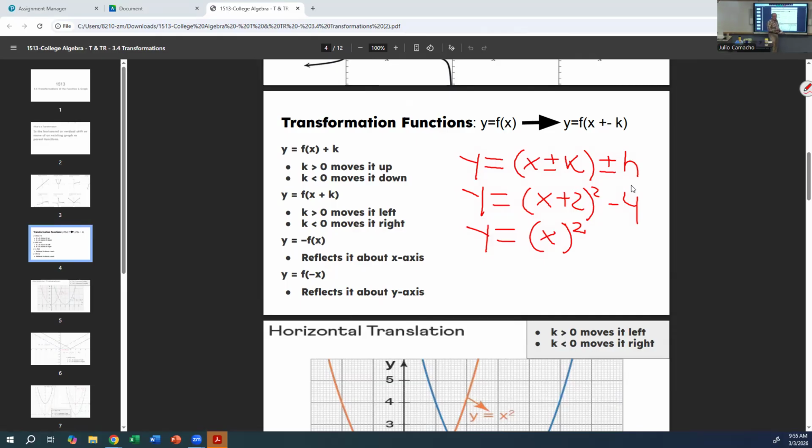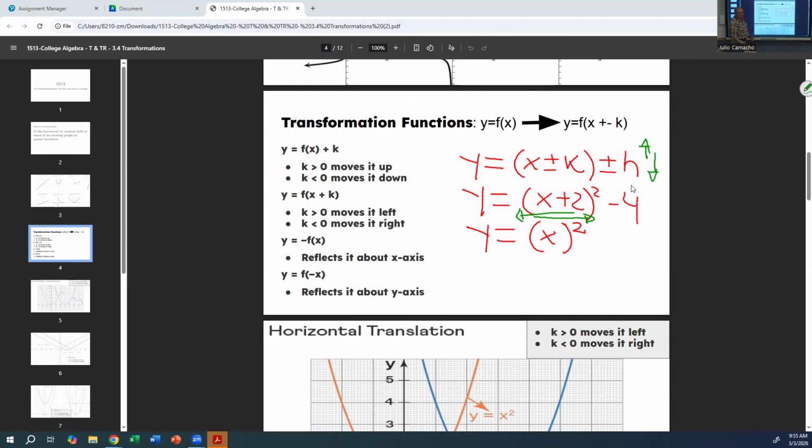Why is it important to know that? Because when the k is inside the function, it means the graph is moving to the right or left. And I will tell you right now how to know that. And when the h is there, it means the whole graph went up or the whole graph went down.